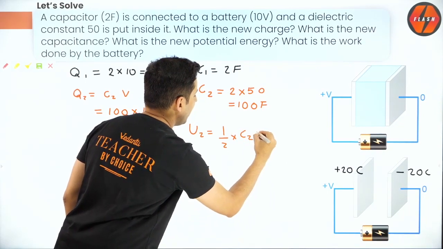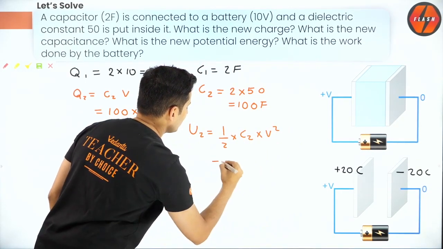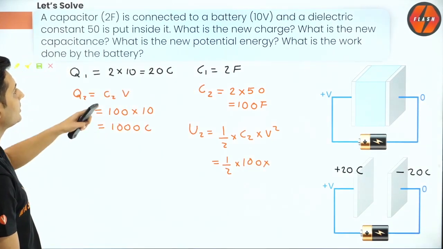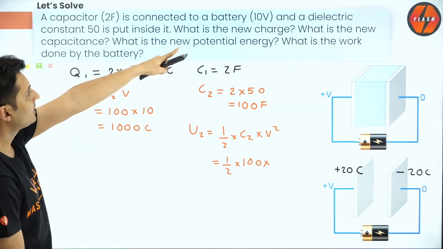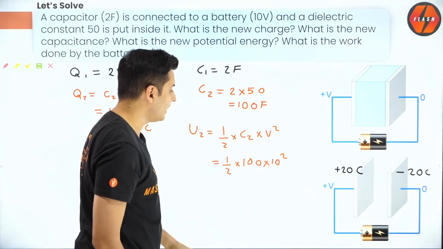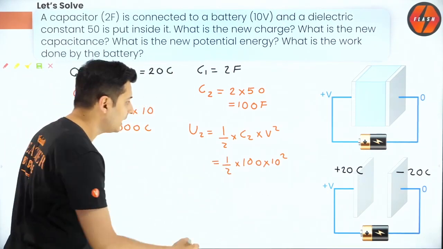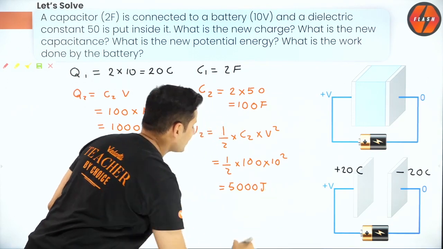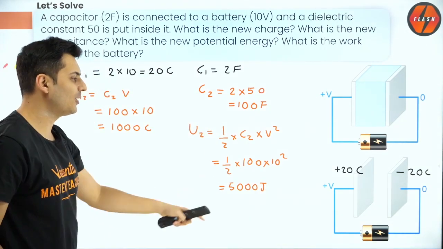First the formula, half C into V squared. C is 100 and voltage is still 10 volts. So 10 squared is 100, and 100 into 100 is 10,000, divided by 2 is 5,000 joules. So that much energy is stored inside of it.